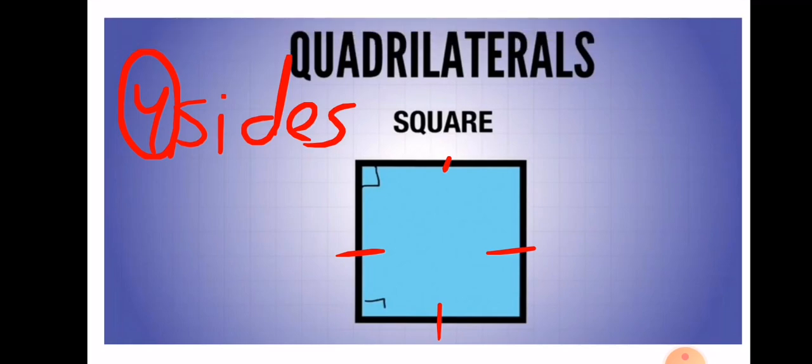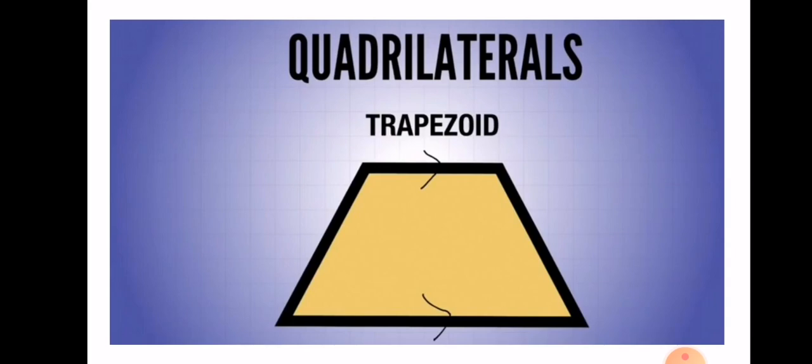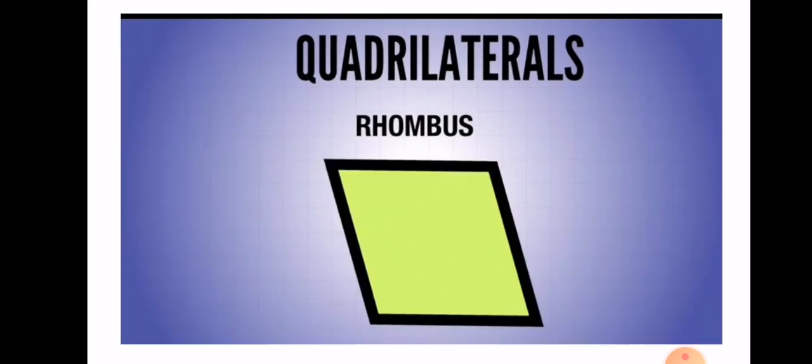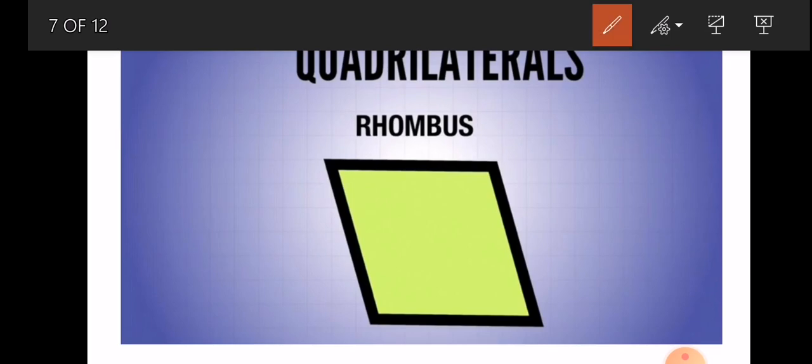Then let's see quadrilateral number 4, which is the trapezoid. Before the trapezoid, let me explain this one, the rhombus. What can we see in the rhombus? The rhombus is a parallelogram. And once we say parallelogram, it means each two opposite sides are parallel to each other.